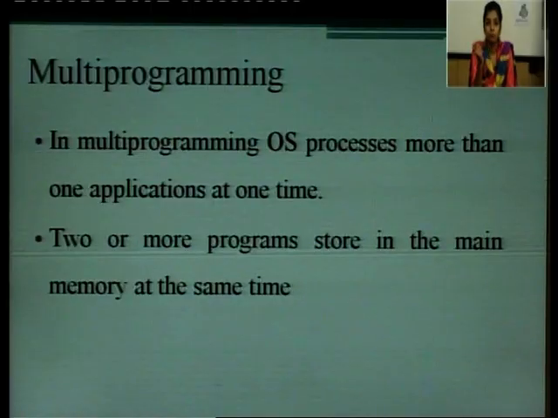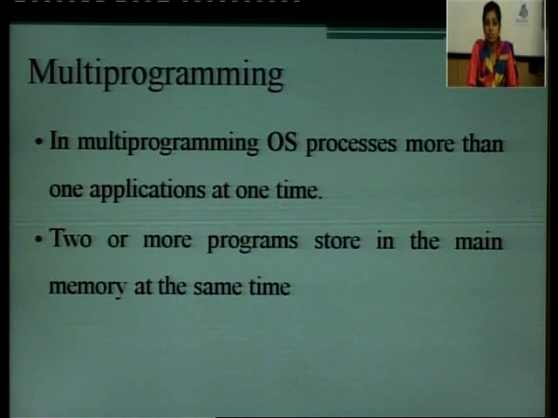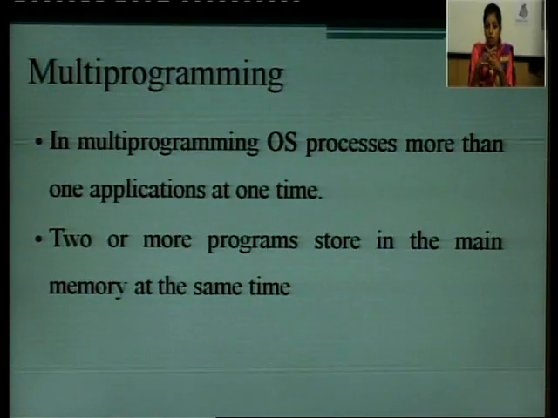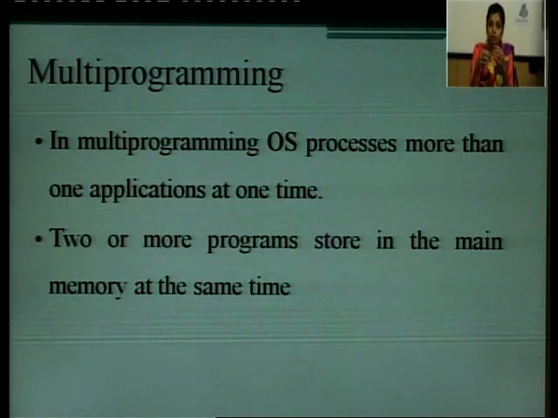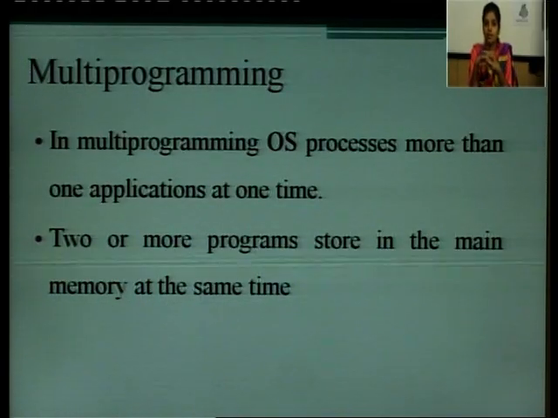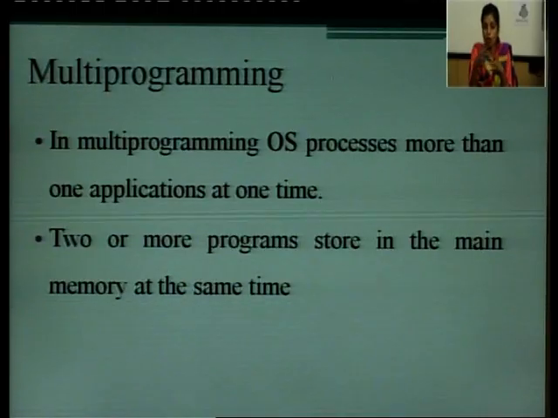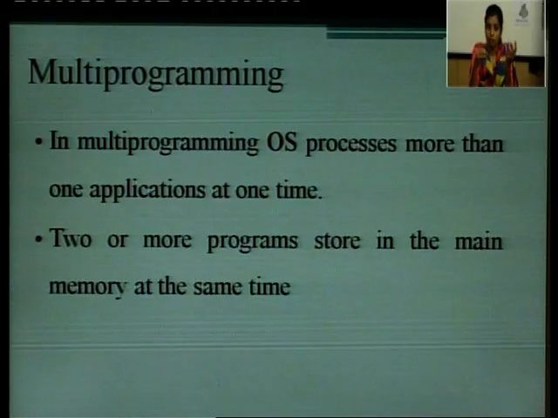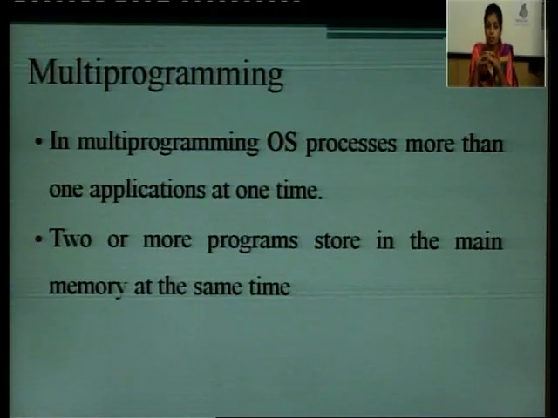Third is multi-programming. In multi-programming, the operating system processes more than one application at one time. For example, we may be browsing, listening to songs, and writing a computer program or C program.